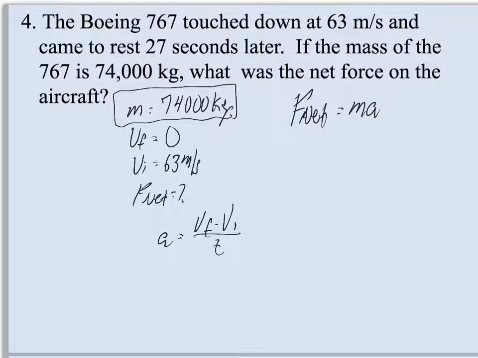That's something that we learned way, way back at the beginning of the school year. So I could actually substitute in my acceleration formula here. Mass times VF minus VI over t. And that would give you my net force. So let's take a look. The mass is 74,000.